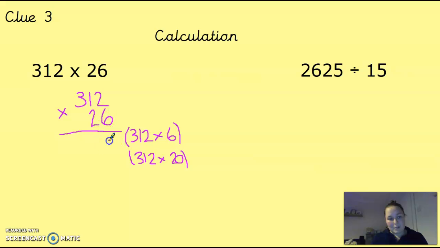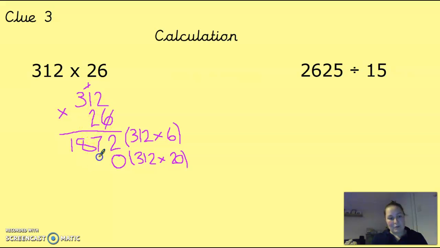So 2 times 6 is 12, 2 there, carry the 1. 1 times 6 is 1, add 1, 7. 3 times 6 is 18. Right, get rid of that. Now I'm multiplying by 20. I'm going to put my 0 in, so I know it's 20 and not 2.